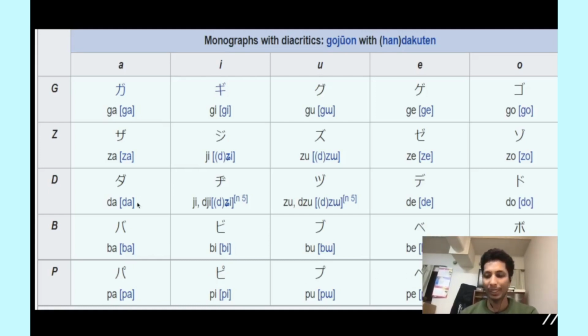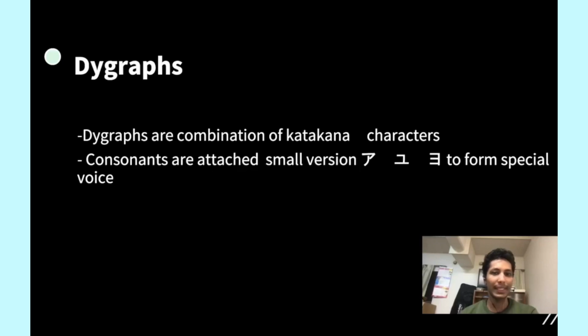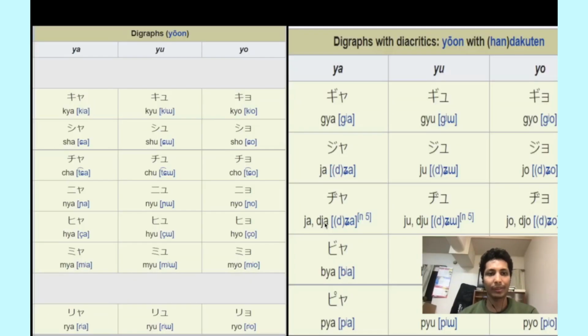Okay, let us go. Next is digraph. So digraphs are combinations of katakana characters with smaller characters, right? So consonants are attached to a smaller version of ya, yu, yo to form special sounds, and those sounds are digraphs. It is again similar to what we had in hiragana.